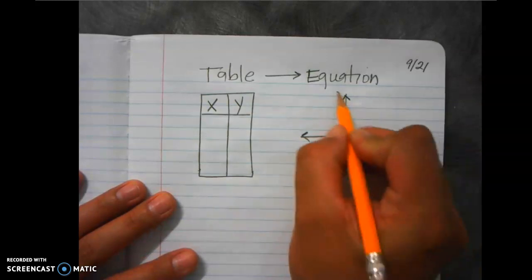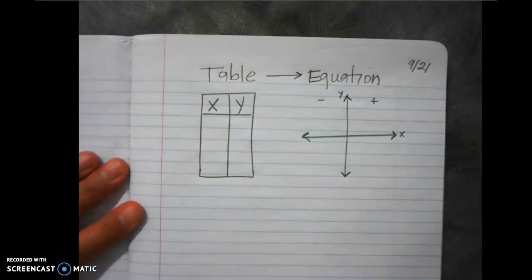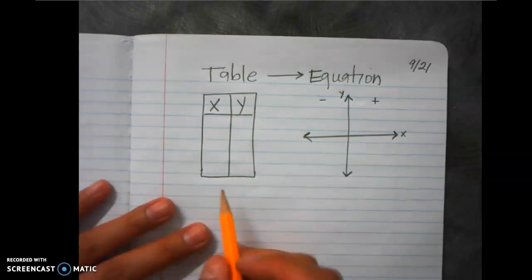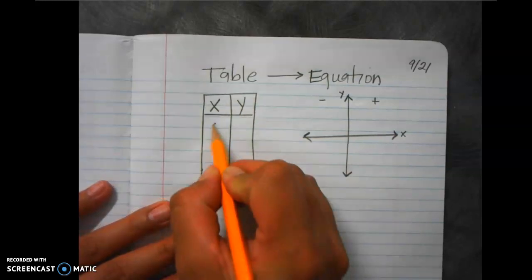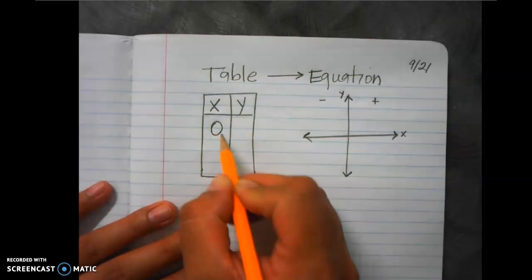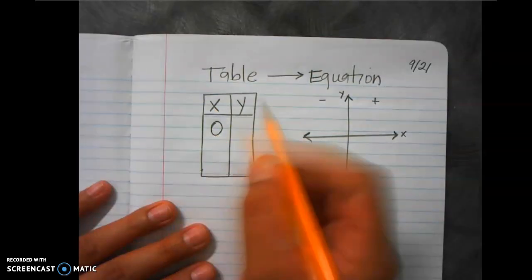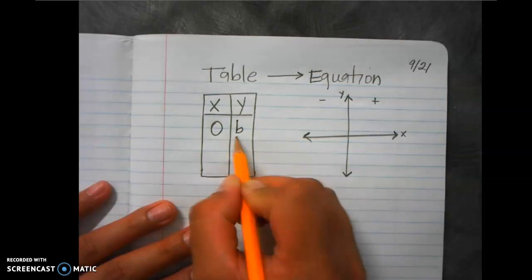So label your X and your Y axis, your minus and your plus. Okay, so in the problem, when we have a table and we see 0 under my X column, if I locate 0, whatever number is with 0, that is my intercept.